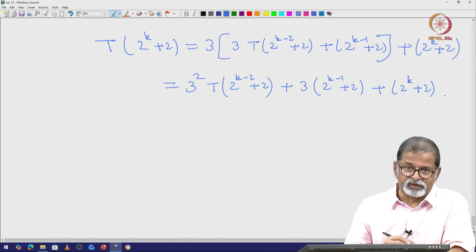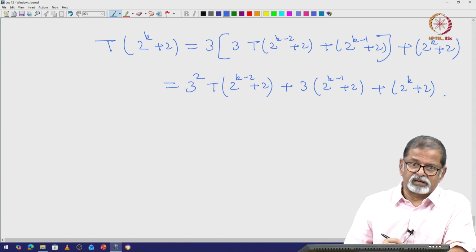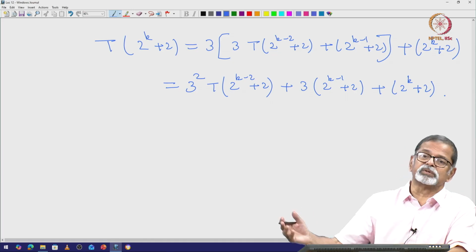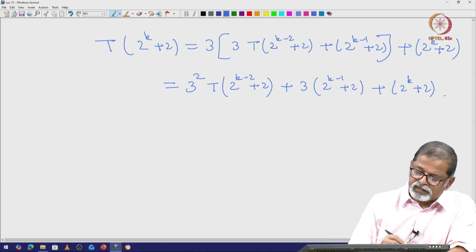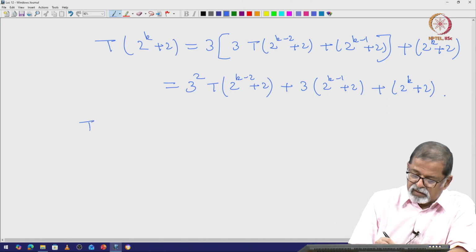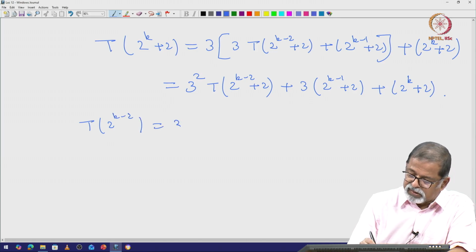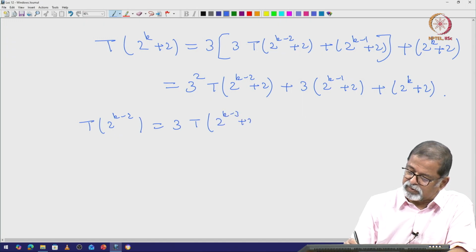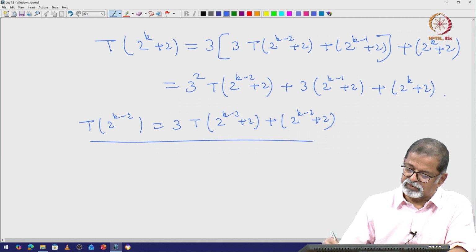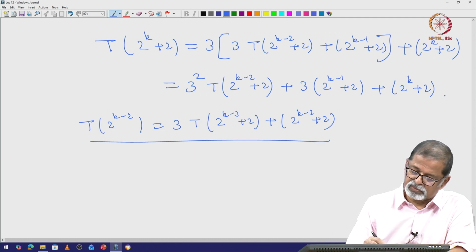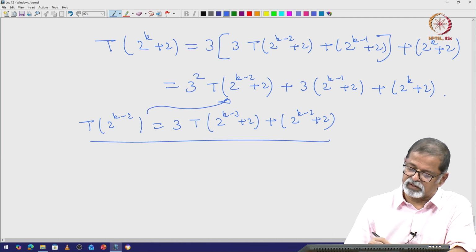If you go further down k further steps, what we would get we can write inductively by looking into the pattern. Let us fit T of 2 power k minus 2, T of is 3 times T of 2 power k minus 3 plus 2 plus 2 power k minus 2 plus 2. This is the value. This value we substitute over here.